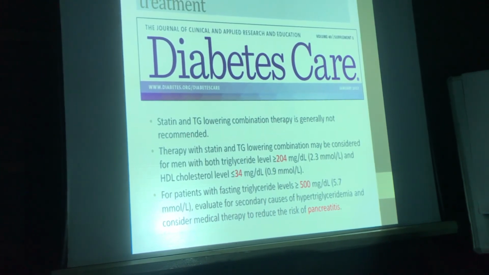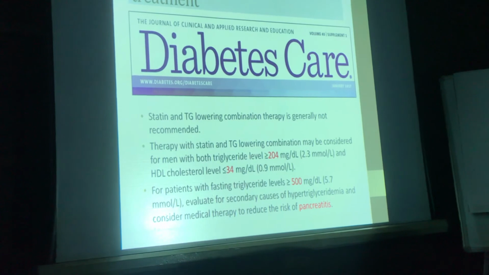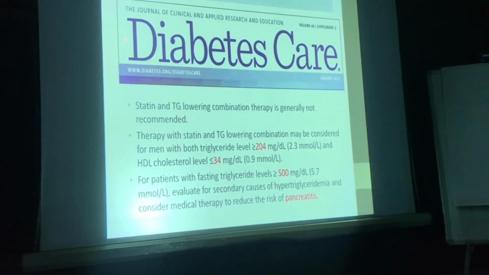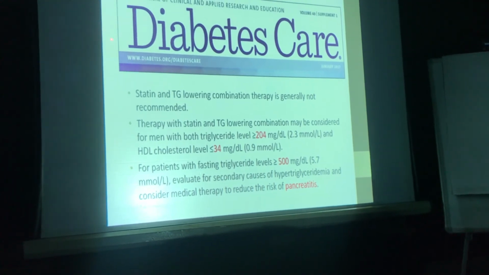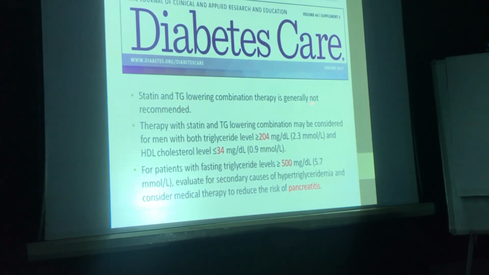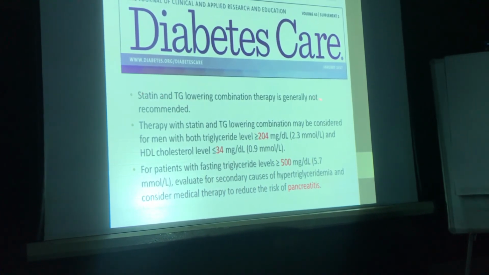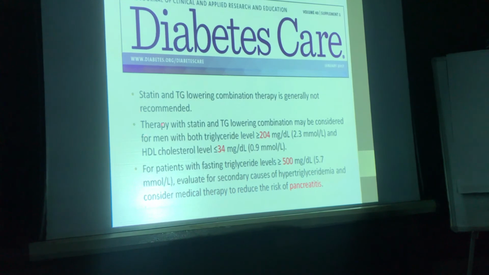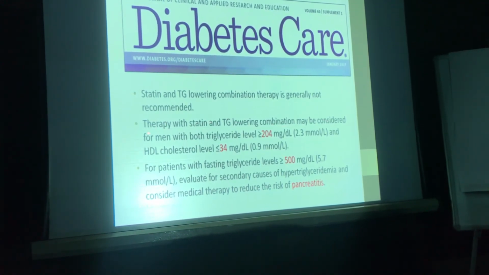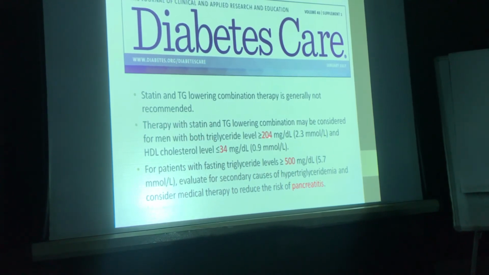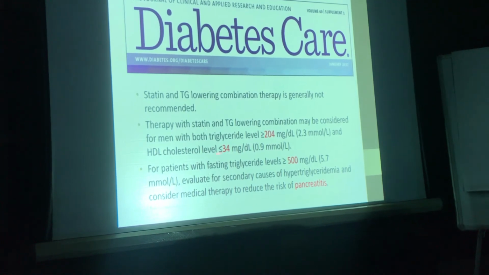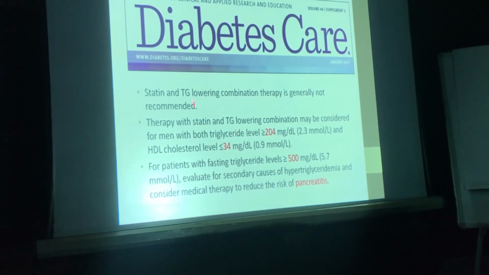The reason is that in 2013 the fibrates were taken away from FDA approval because the side effects of this combination were not at par with the benefits achieved. However, therapy with statin and TG-lowering combination may be considered for men with both triglyceride more than 200 milligrams and HDL less than 34. If this combination is present, then you can combine.